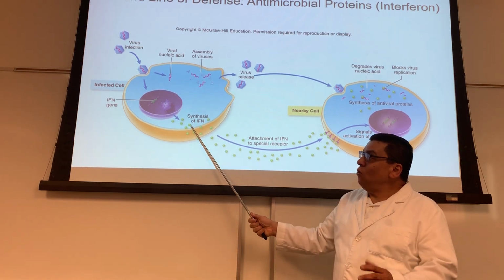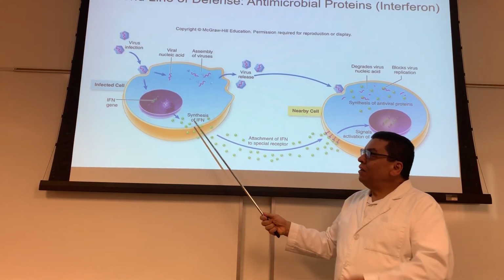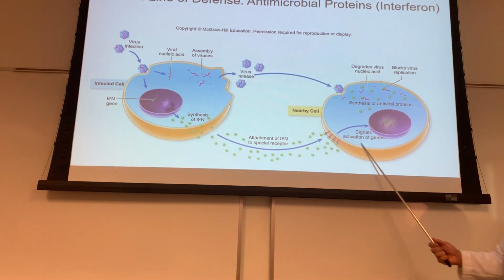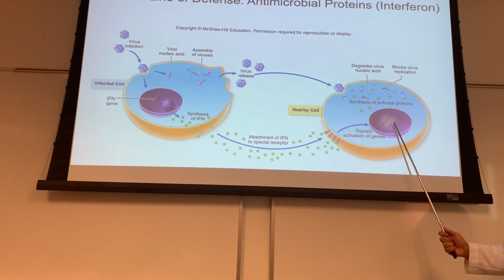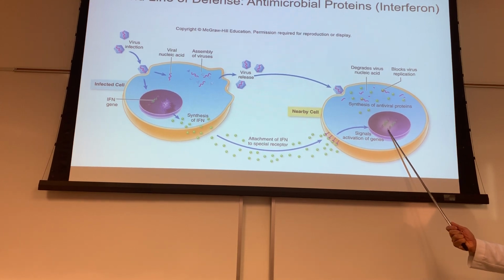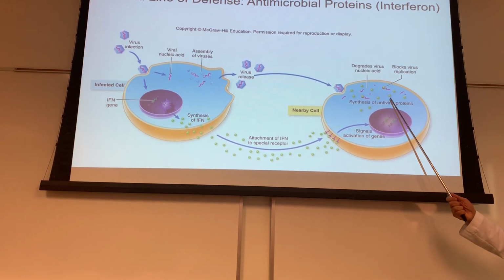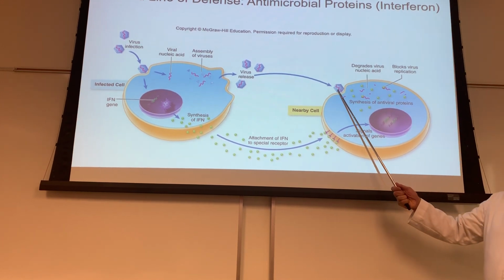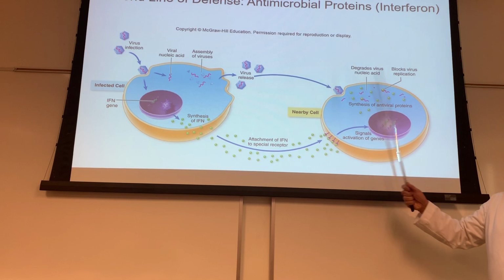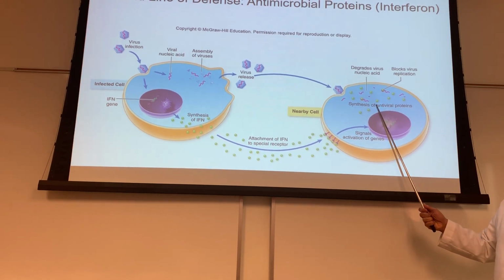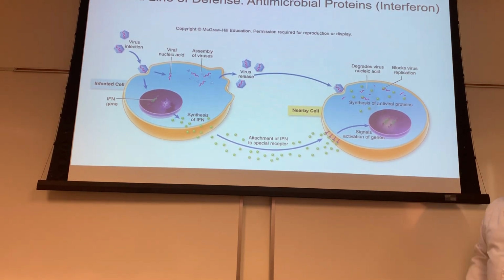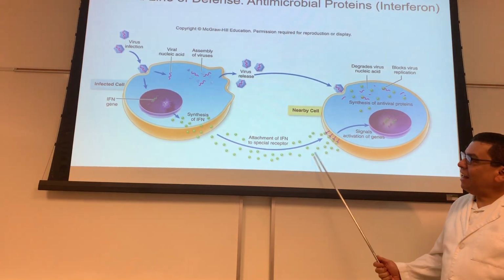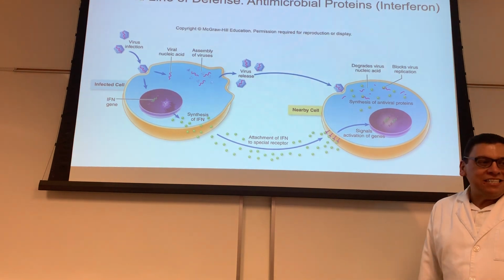But this guy, knowing that he's doomed, sends this interferon signal to tell the neighboring cell, change your gene expression pattern. Produce antiviral proteins. So when the virus comes knocking, surprise, you're not touching me. I prepared for you. Do you see that? Because I got the message. It's amazing.